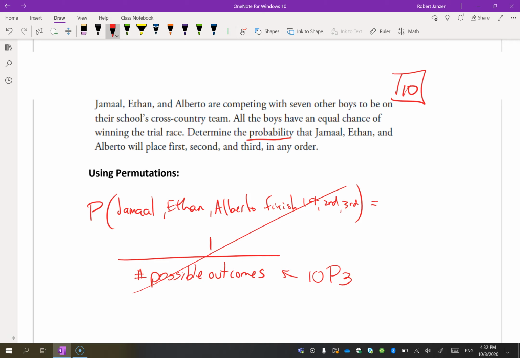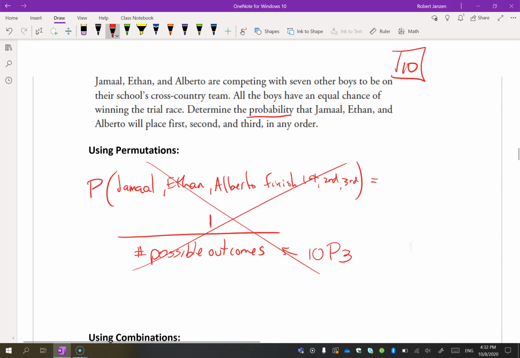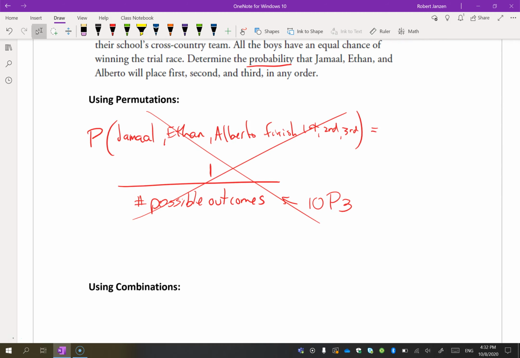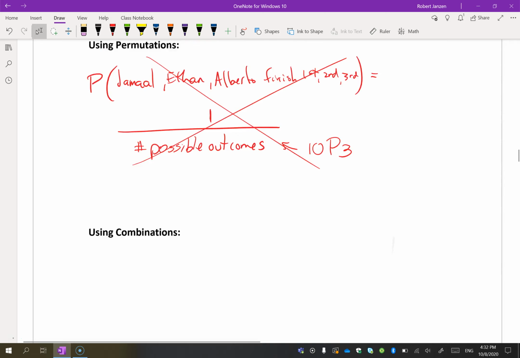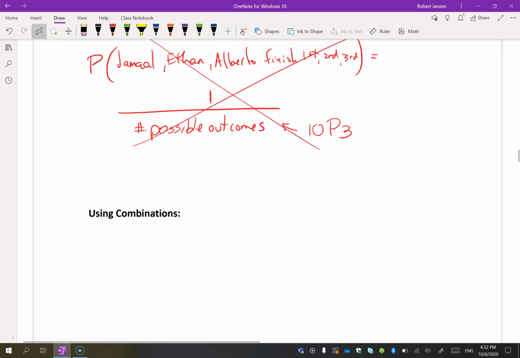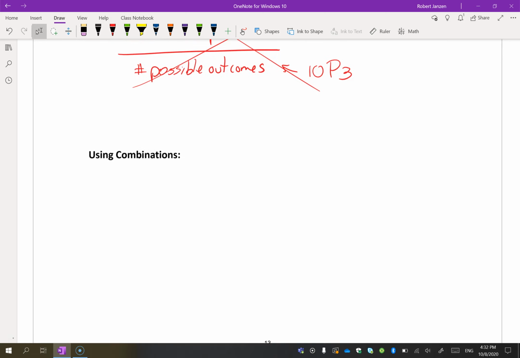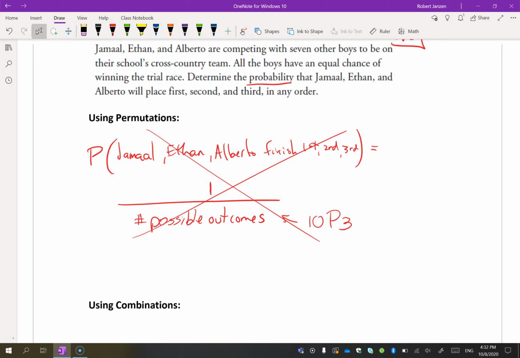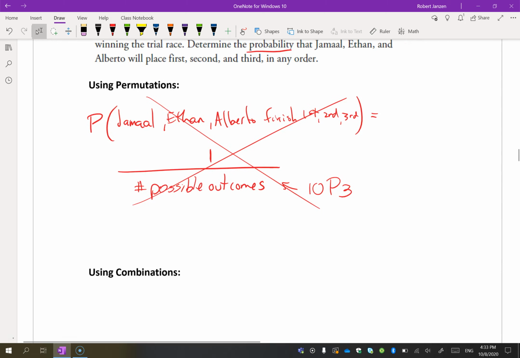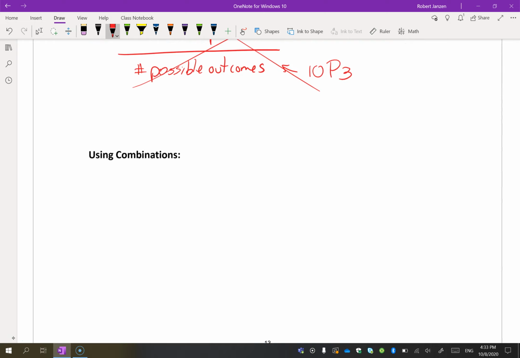But I don't like this for that, because it's not asking us for all the different ways. We just want those 3 guys to be in the front. So this is actually a combination question, because I don't care whether it's Alberto that's first or Jamal is first. I just want those 3 guys to be in the beginning.